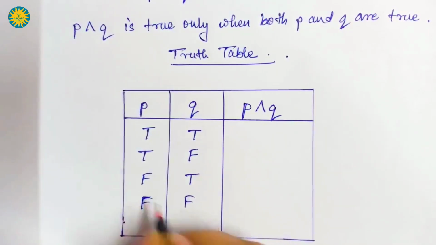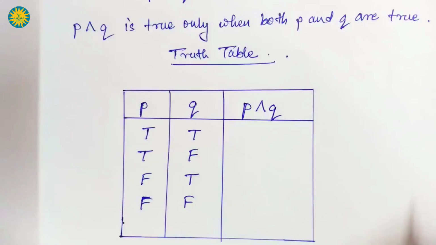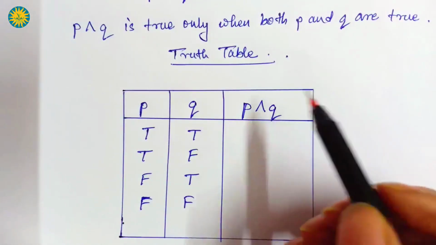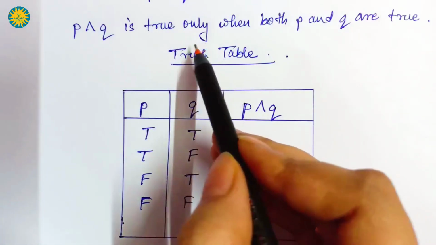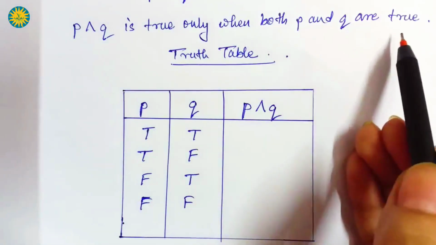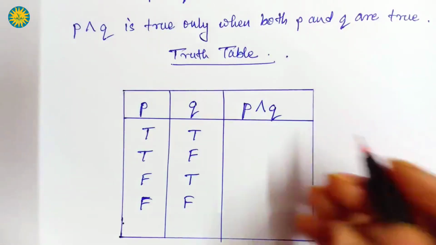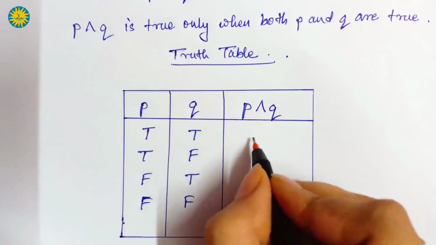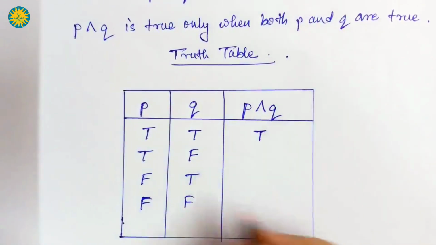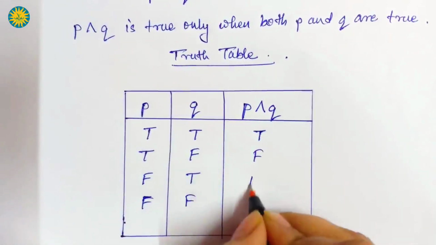So these are the four cases. Now we know that P and Q can only be true when both P and Q are true. Then for only the first case, P and Q is true. For the rest of them, it is false.